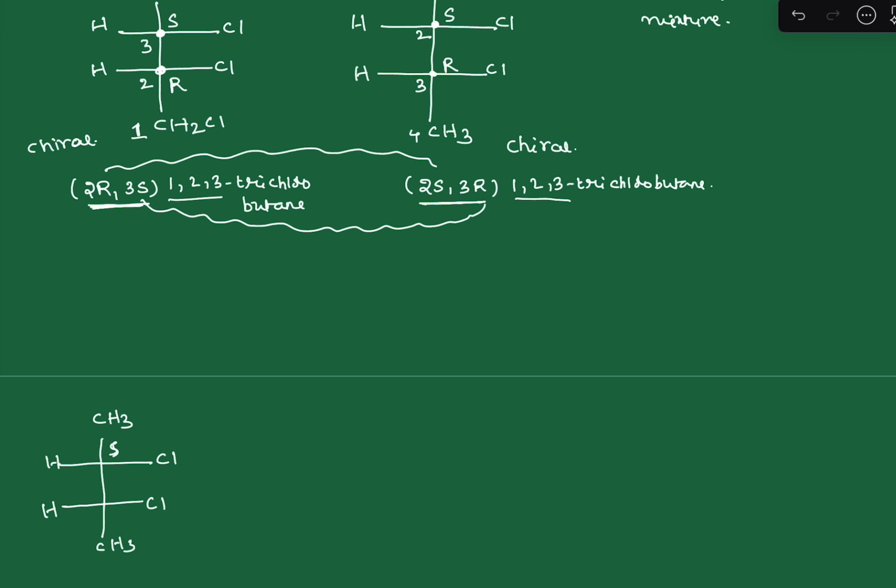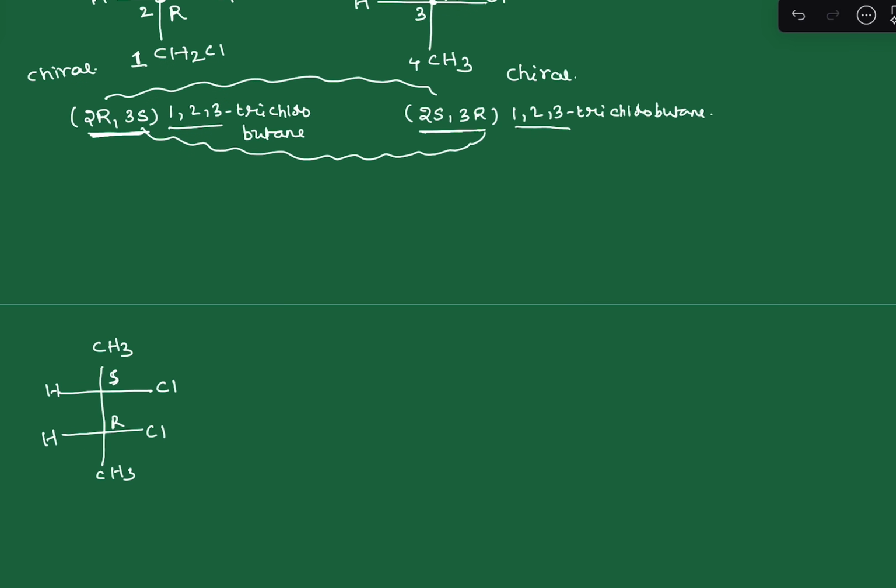This is with S configuration, this is with R configuration. Now let us take the substitution at a chiral carbon, but very clear, this carbon has R configuration, this carbon has S configuration. From this I am going to get two more products.